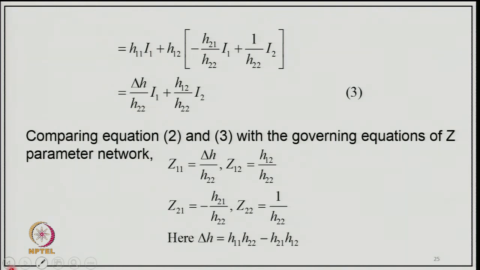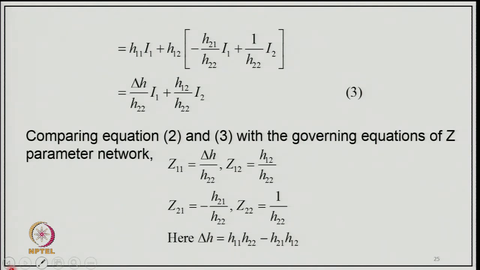we can say the governing equation for Z parameters will be Z11 equal to delta H upon H22, Z12 equal to H12 upon H22, Z21 equal to minus H21 upon H22, and Z22 equal to 1 upon H22, where delta H again is the determinant of the H matrix, H11 into H22 minus H21 into H12.